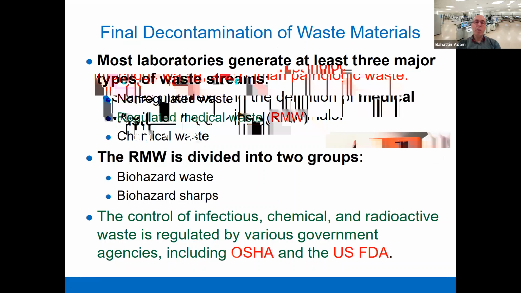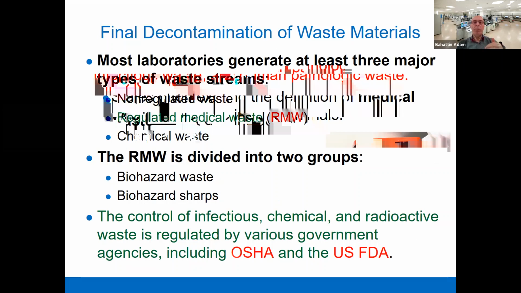Now, the total medical waste is classified as non-regulated waste, regulated medical waste, and chemical waste. We also classify the regulated medical waste, which is human blood and other body fluids, into two groups.